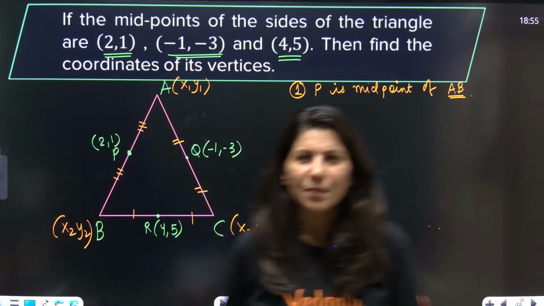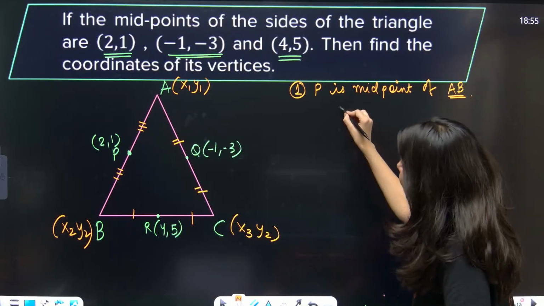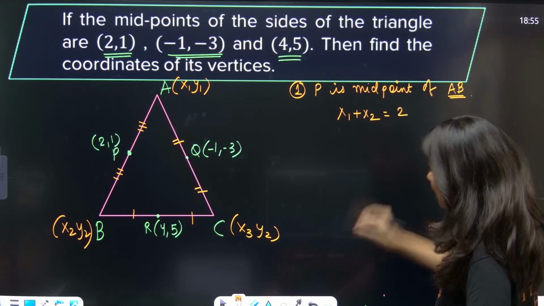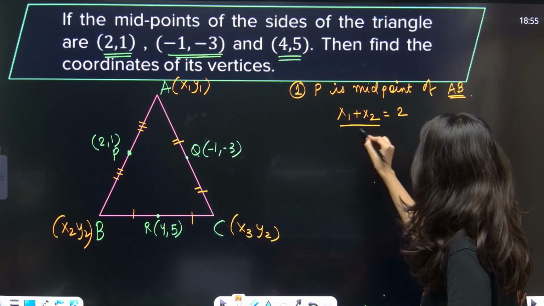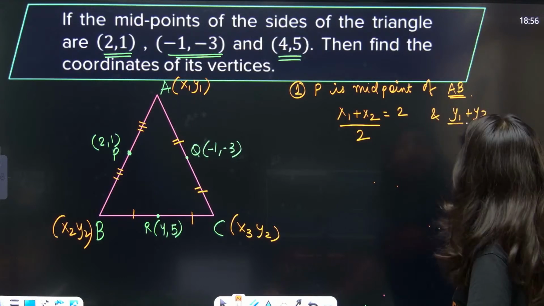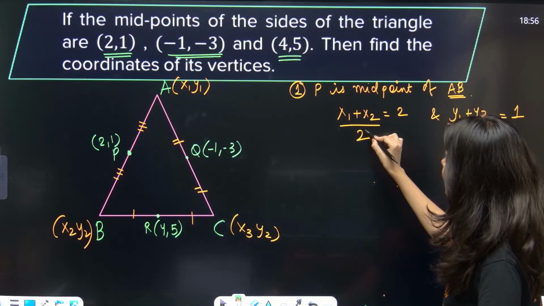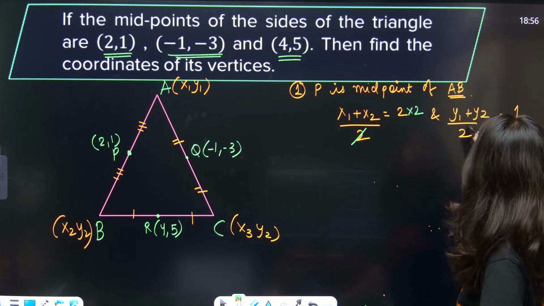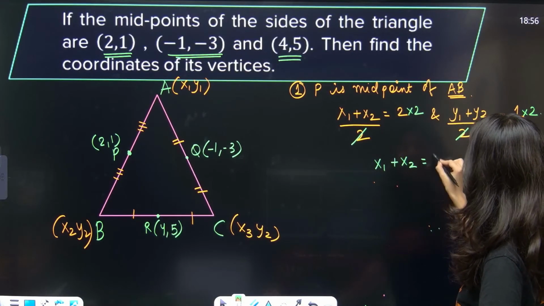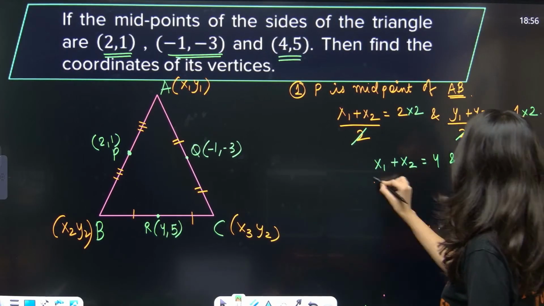If P is midpoint of AB, then I can write (x1 plus x2) by 2 is equal to 2, and (y1 plus y2) by 2 is equal to 1 by midpoint formula. Now I'm going to multiply this. So 2 2s are 4 and 2 1s are 2. So now we are getting x1 plus x2 is equal to 4 and y1 plus y2 is equal to 2. We have got two equations, correct?